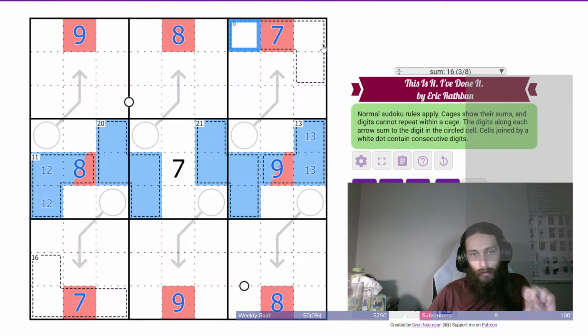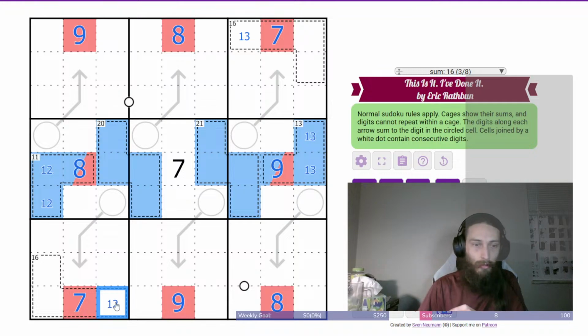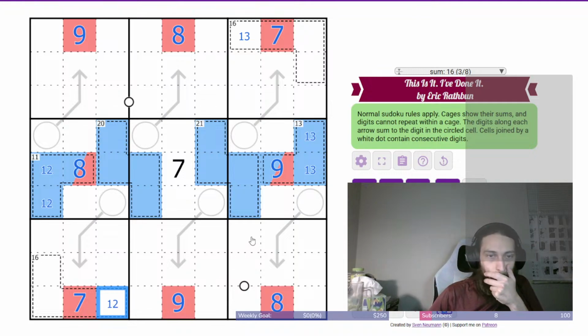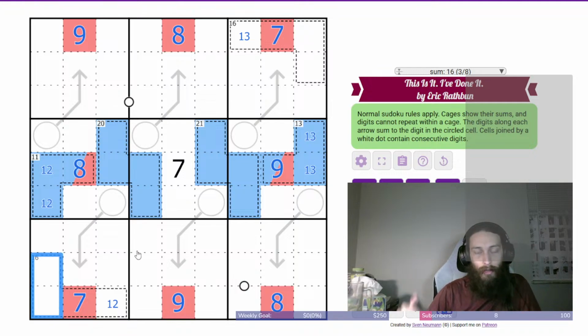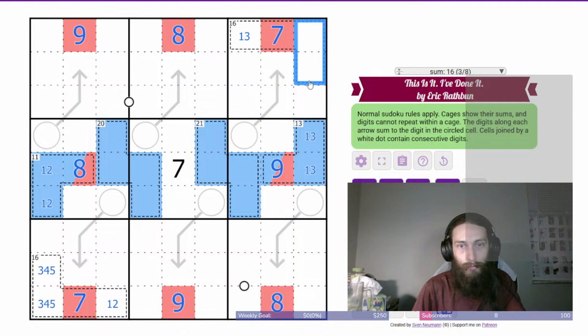But since it always includes 2 of the digits from 1, 2, and 3, then this digit here must be 1 or 3, and this digit here must be 1 or 2. And then, since it must include the other 3, then we need 6, which is going to be 4 or 5.